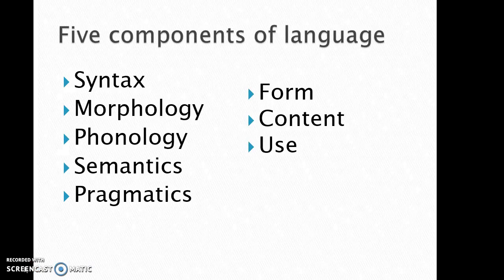And there are 5 components of language development, which we just talked about. The idea of form, content, and use is something that Bloom and Lahey constructed quite a number of years ago, and although it's not really where we hang our hats with most of our conversations from a clinical perspective, in terms of talking about, am I going to assess his form, or I think he has problems with content, I do think it provides sort of a roadmap for how we think about these different components of language, with form comprised of syntax, morphology, and phonology, with content reflecting the actual components of semantics and vocabulary or mental lexicon, and then the use really reflecting pragmatics, or how we're socially using language to communicate with others.